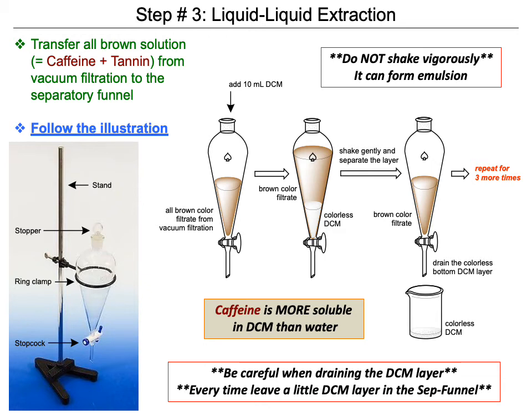We know that in this step, all the caffeine goes to the DCM phase because it is very soluble in DCM. Caffeine is moderately polar, and DCM is also a moderately polar solvent. Water is highly polar, so caffeine has a higher affinity for the DCM phase.